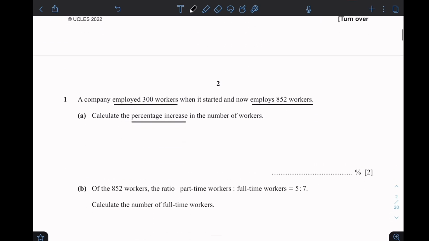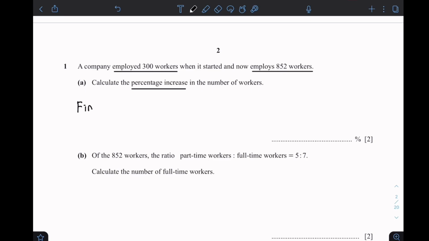So there's a formula for this, which is final minus initial divided by initial multiplied by 100.